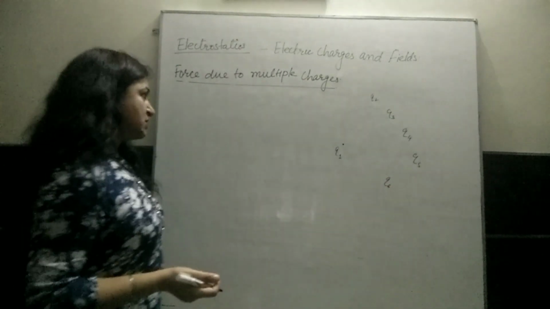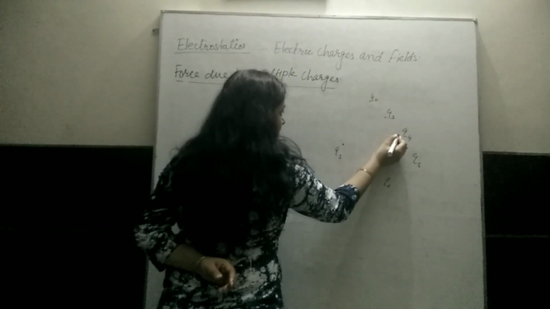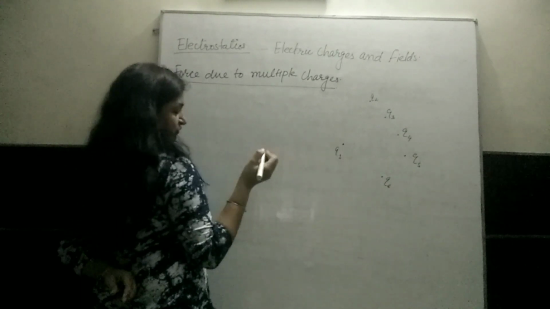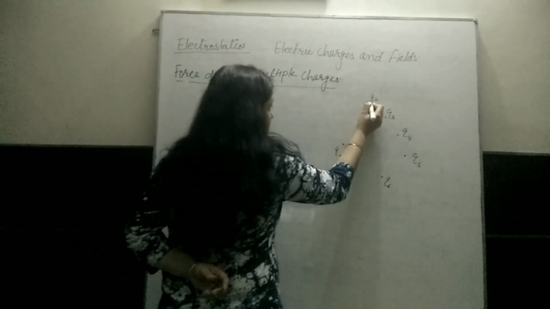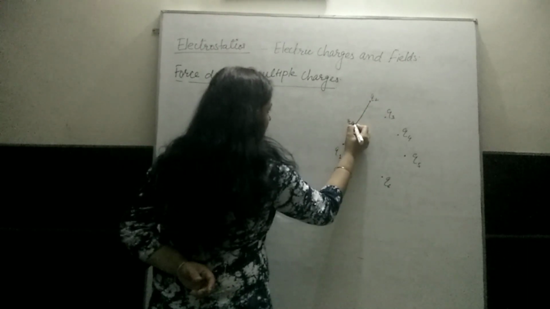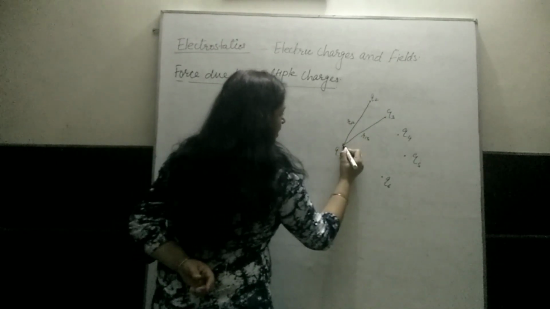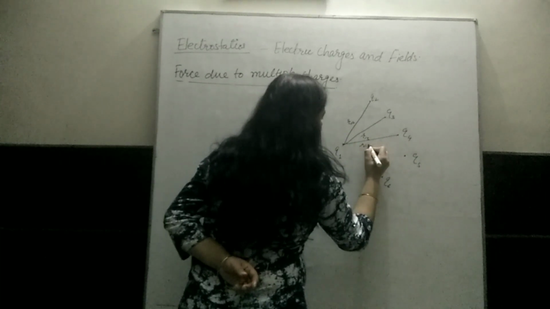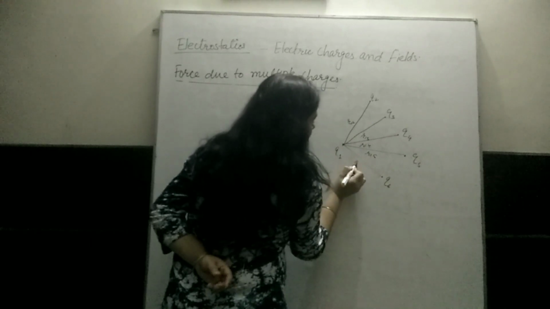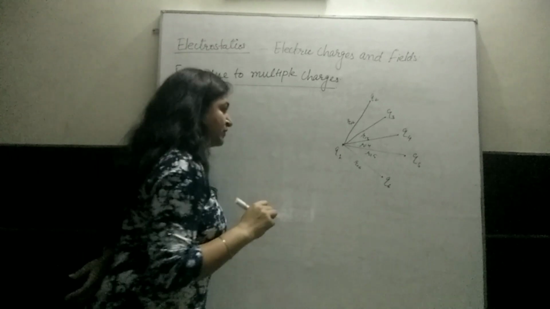I also want the distances of all the charges from the charge on which I want to calculate the net force. So let us consider these are R12, R13, R14, R15 and R16.